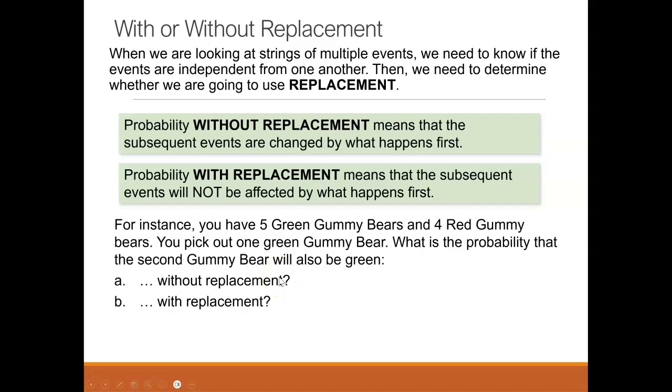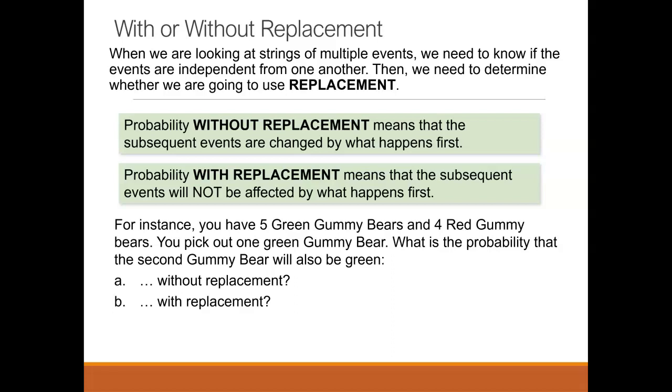Okay. For instance, you have 5 green gummy bears and 4 red gummy bears. You pick out 1 green gummy bear. The probability that the second gummy bear will also be green, if I do this without replacement, should be 4 out of 8, because there'd be 4 green gummy bears left and 8 gummy bears left in my pile, right?